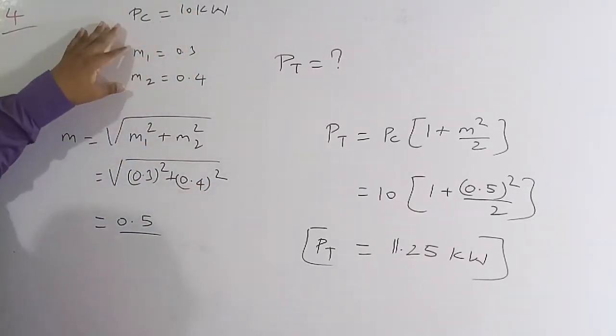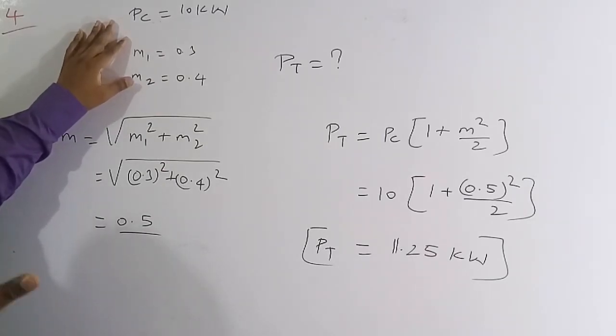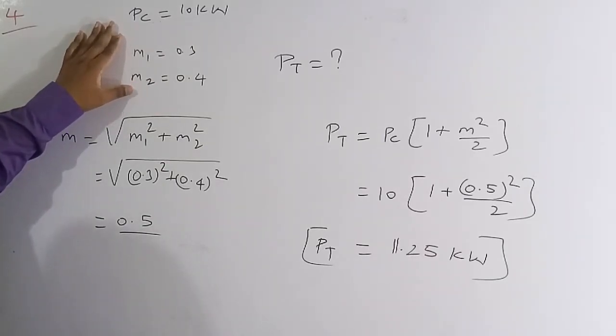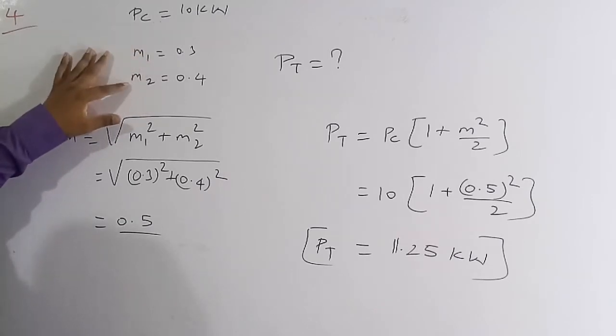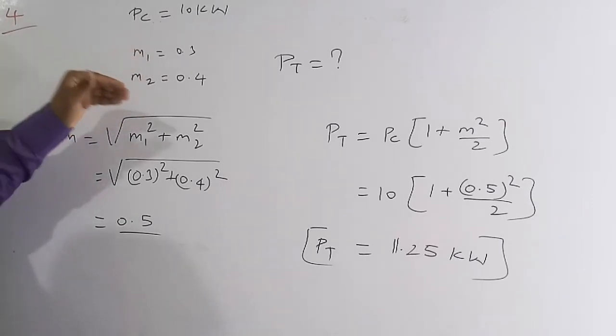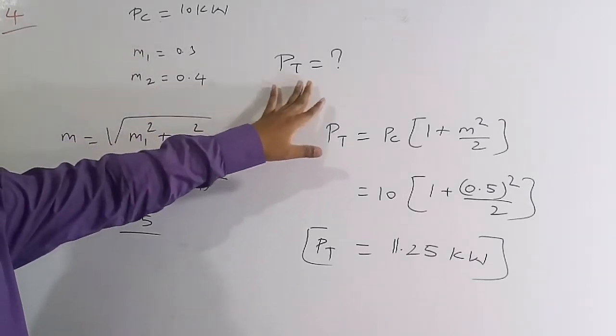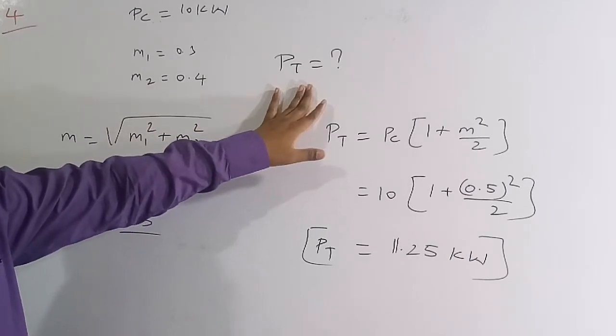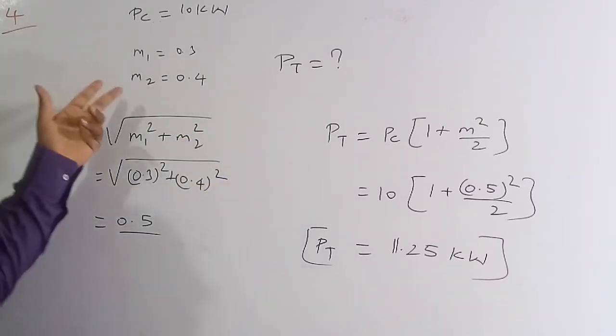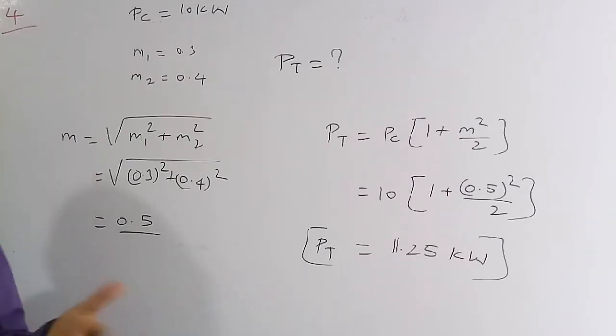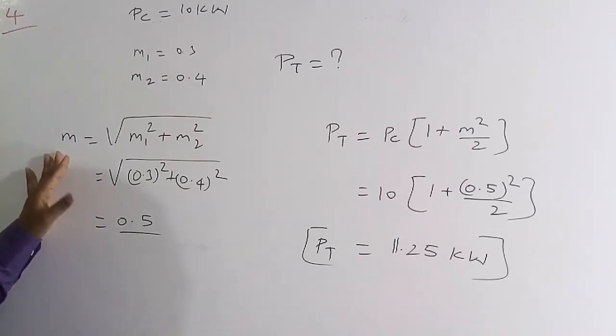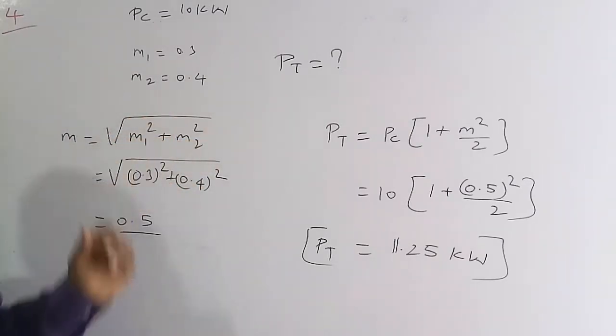They also gave that there are two message signals, meaning the inputs are two message signals of modulation index 0.3 and 0.4. We need to find the total power carried by this amplitude modulated or AM signal. If there are two signals, we need to find the net modulation index, which is under root of m1 square plus m2 square.